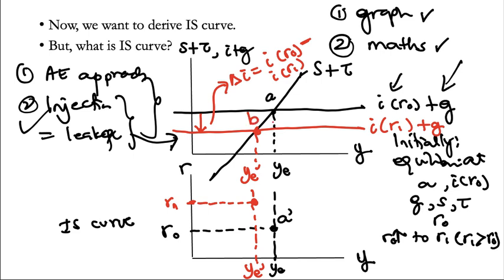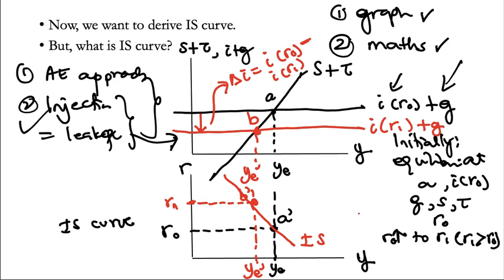Now call this point point B, and here B prime. So we have 2 points already. We join the 2 points. We get the IS curve. Alright. So we have derived the IS curve. That's how we derive it.